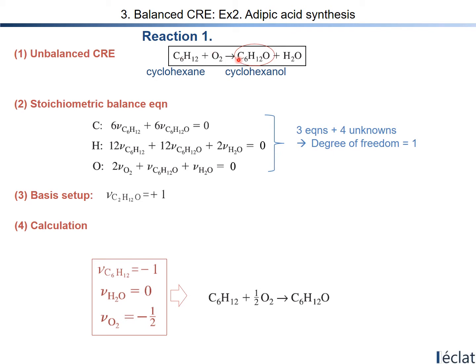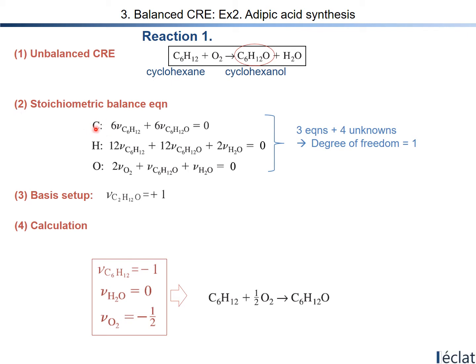So we expect we'll have three stoichiometric balance equations. And also we need to calculate four different stoichiometric coefficients because we have four entities here. So four unknowns.